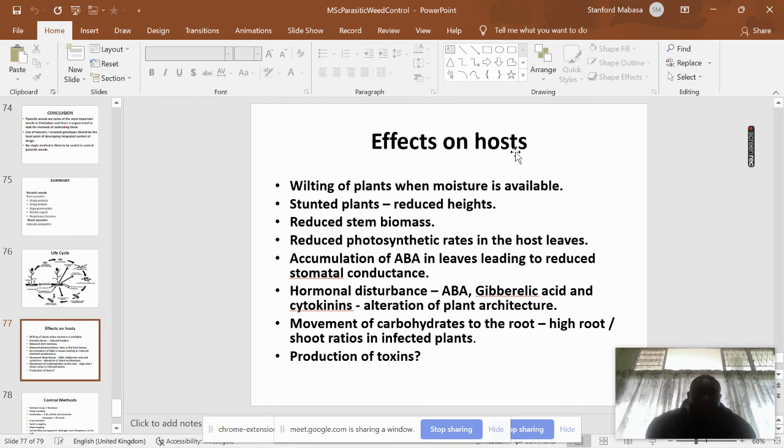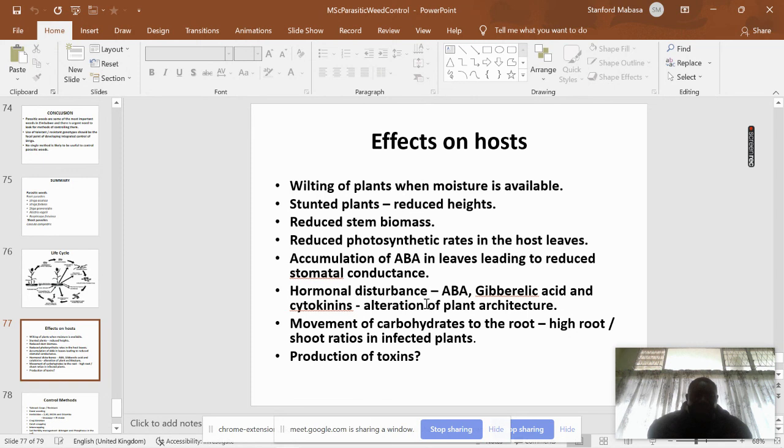Then we have got the effects on the host. Wilting of plants when moisture is available may mean that you have got a parasite. Stunted plants, reduced heights, reduced stem biomass. These are the effects of the parasite. Reduced photosynthesis, with lower photosynthetic rates in the host leaves. Accumulation of abscisic acid (ABA) in the leaves, leading to reduced stomatal conductance.